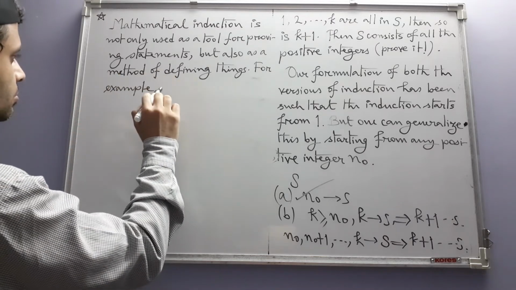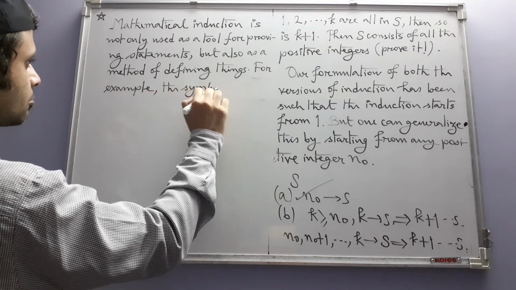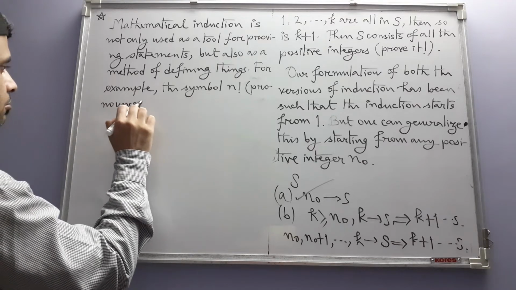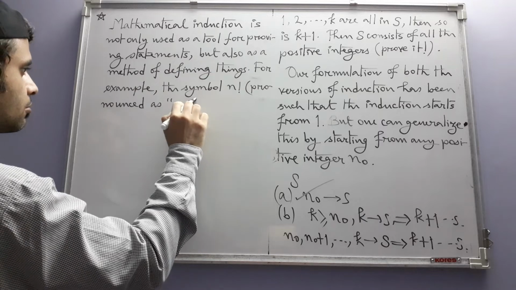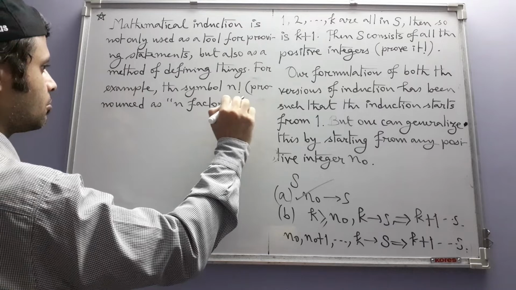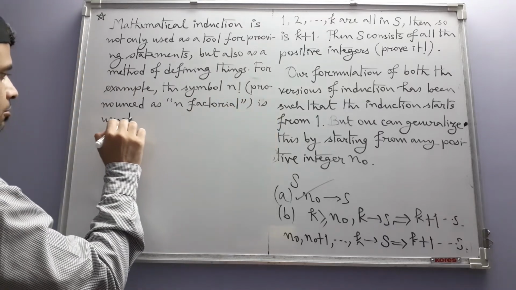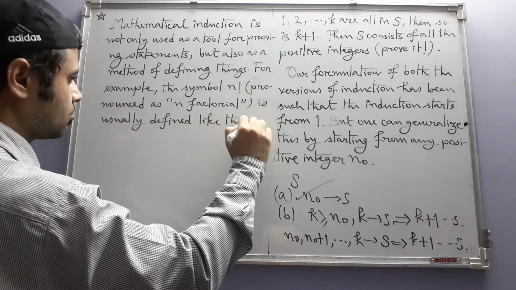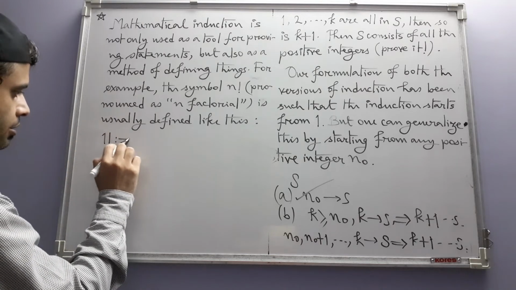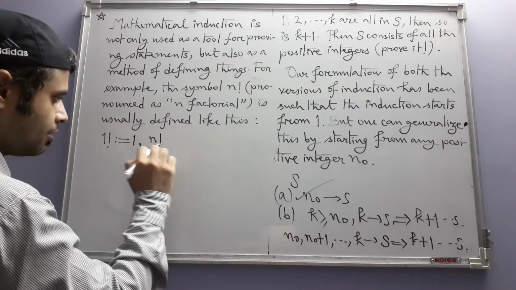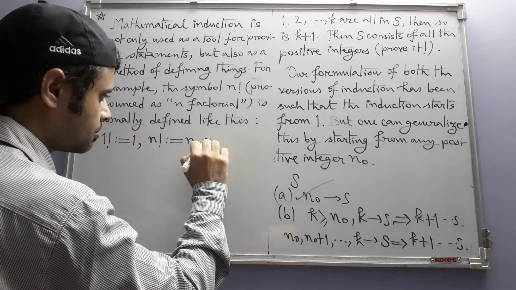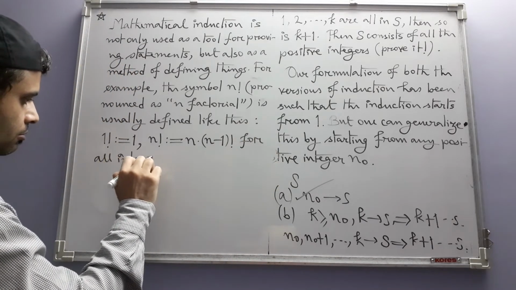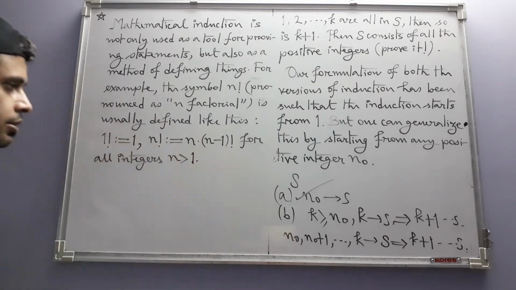For example, this symbol, pronounced as n factorial, is usually defined like this. 1 factorial is defined to be equal to 1, and n factorial is defined to be equal to n times (n minus 1) factorial, for all integers n greater than 1.